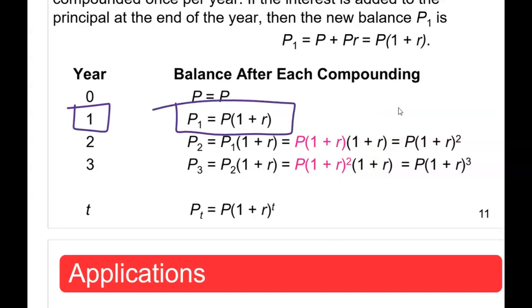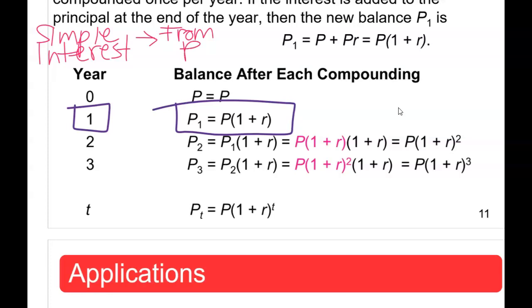But the difference is that when you compound your interest, well, let's start with simple interest. With simple interest, you only earn interest from the principal, from the money that you put in there at the beginning, and that's it.